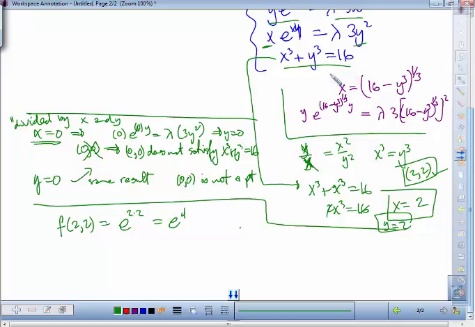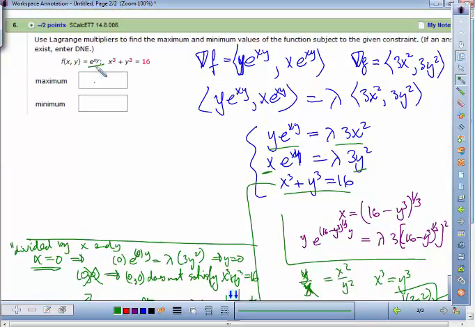Cube root of 16, whatever that is. So putting another value like 0, comma, cube root of 16 here would give you the same result, which is 1. And so e to the 4th would definitely be the maximum. And it looks like according to this, we have no minimum.